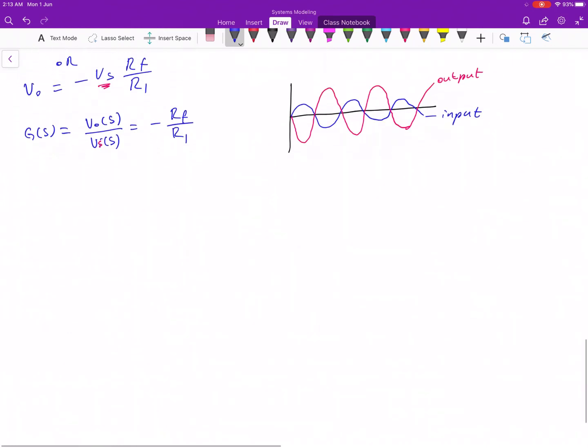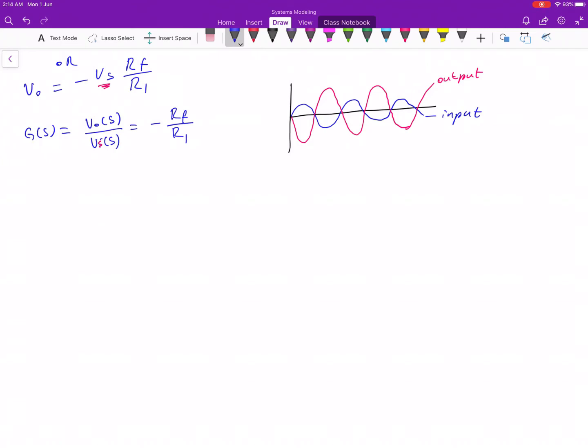We can also write this circuit in terms of impedances, because if you have a complicated circuit, you need to be able to break it down into impedance form. For example, if you have a circuit that has a combination of a resistor and a capacitor, a resistor and an inductor, etc., or 3 or 4 resistors, you should be able to couple them together and say this is impedance 1, this is impedance 2.